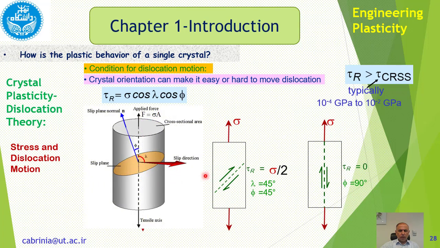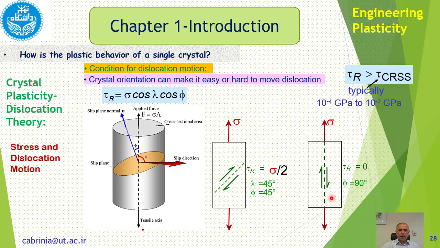Now, this is another special condition: if lambda is 45 and phi is 45, then cos 45 and cos 45 are 1 over root 2, and then it becomes sigma over 2. Tau r is sigma over 2. This is what we see in ductile materials.